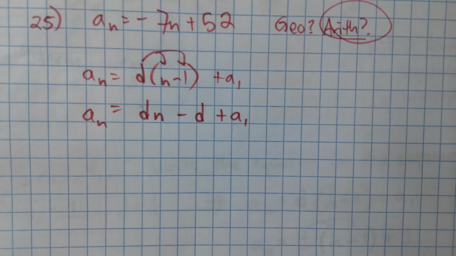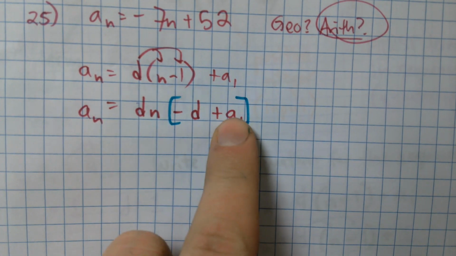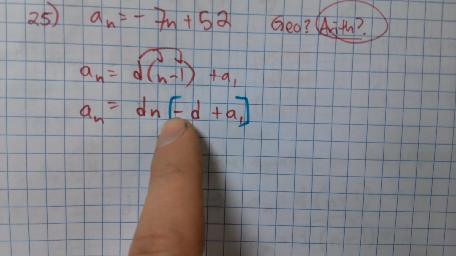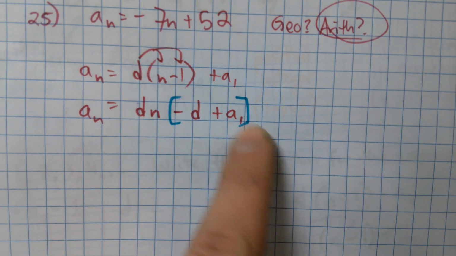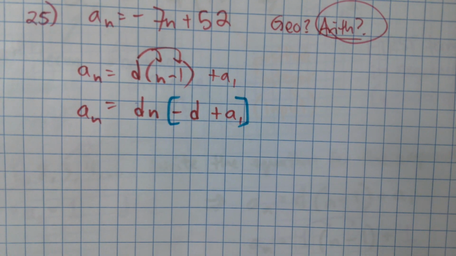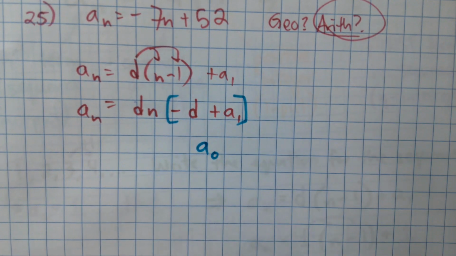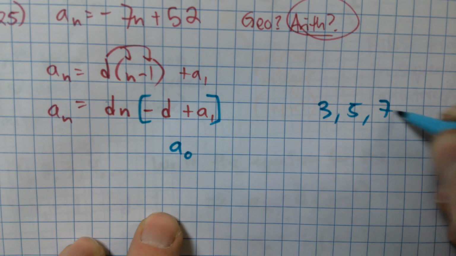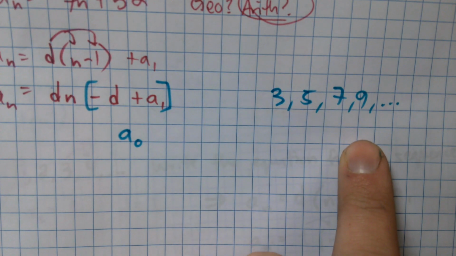Now, take a look. This is where we got to think critically. If I take my first term in an arithmetic sequence, right, and I subtract the common difference from it, which term is my result? Alex, what do you think? A sub 0. Check this out. Let's say I have 3, 5, 7, 9. What's my common difference in this sequence? 2.